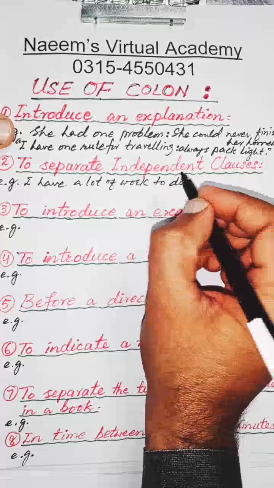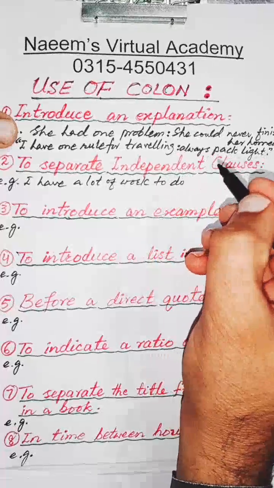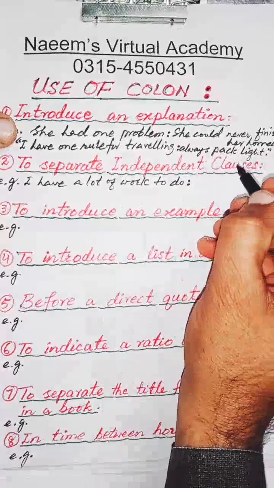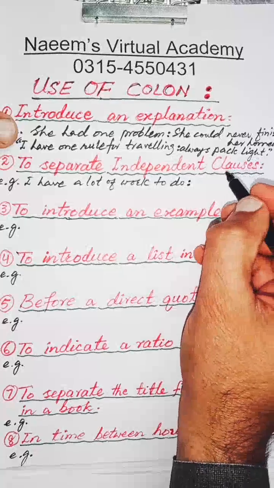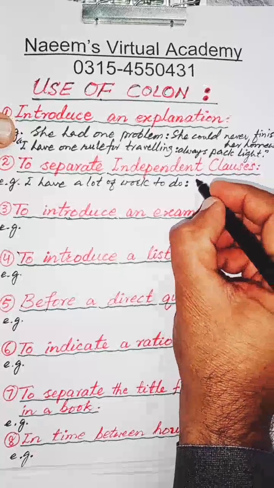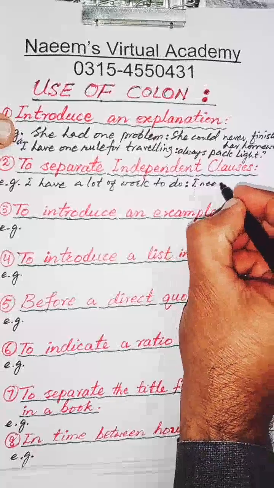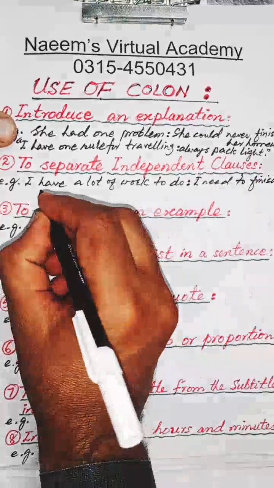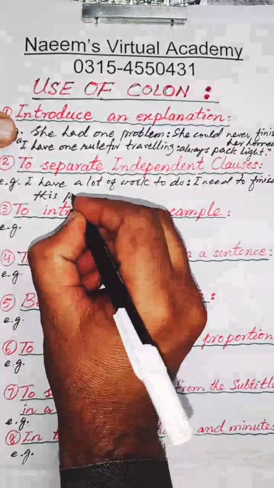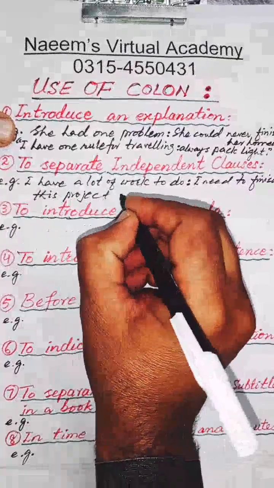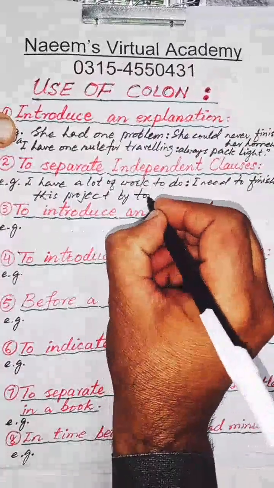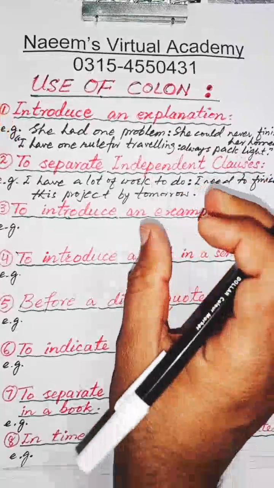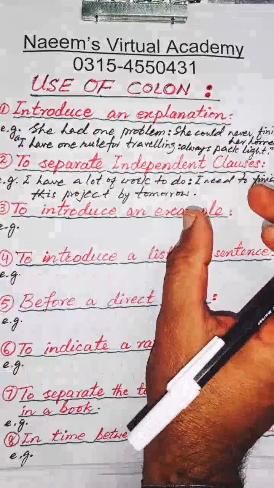Now this can be placed alone, but I will separate it with another sentence that is an independent clause. I need to finish this project by tomorrow. Now these are the two independent clauses which could stand as sentences separately.